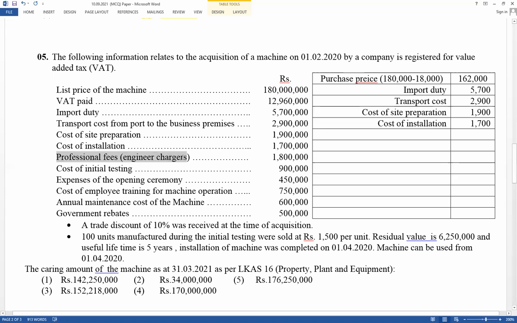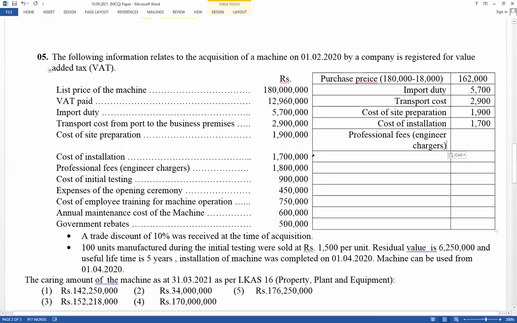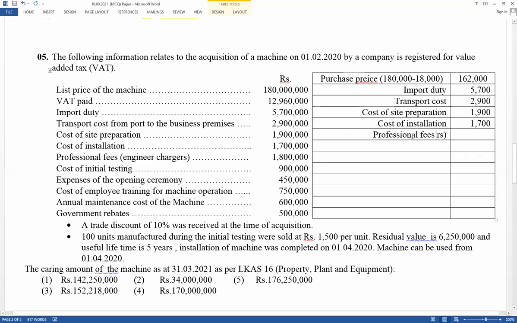And engineer charges also should be considered as a part of cost value. Professional fees, engineer charges, value equals 1.8 million. And think about cost of initial testing. Initial testing also you have to consider, not the total value. Think cost incurred for initial testing equals 900,000.